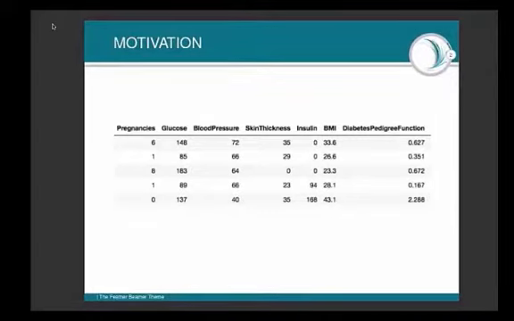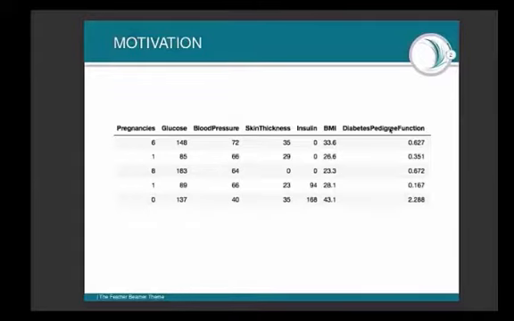Suppose we need to classify women as diabetic or not diabetic. This can involve a large number of features, such as pregnancy, blood pressure, age, level of glucose, level of insulin, or diabetes pedigree function, and so on.